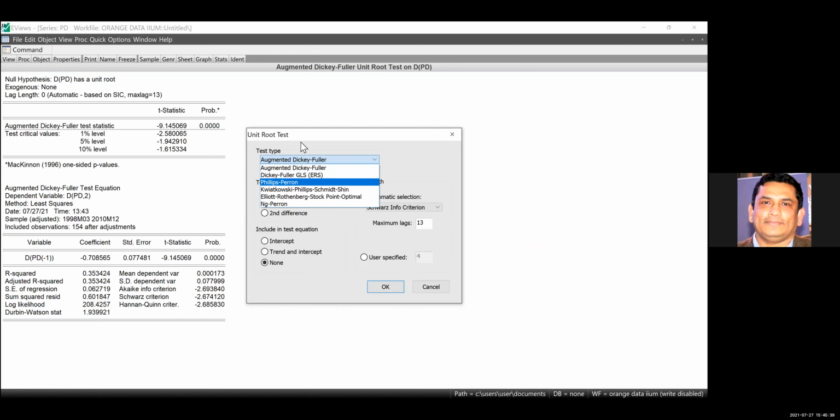But there are some other tests. What you will do is use a couple of tests and compare the conclusions. If they are different, you do all the tests and see how sensitive it is.